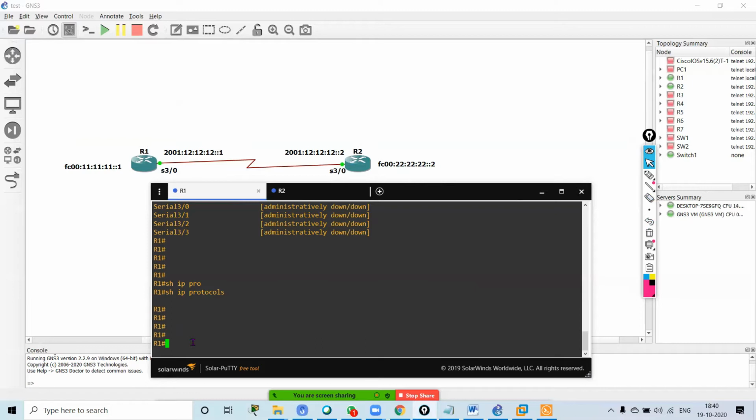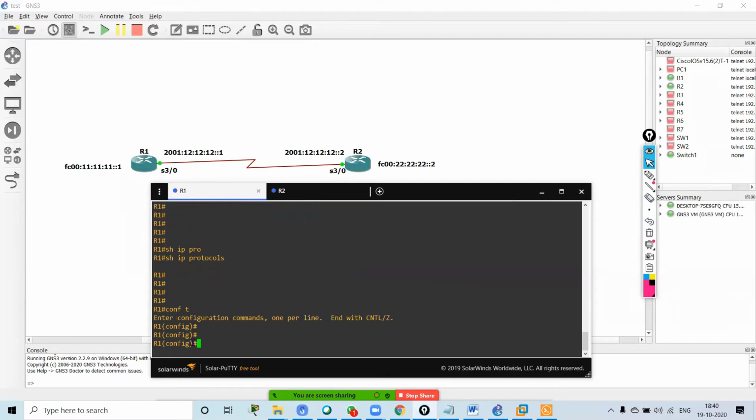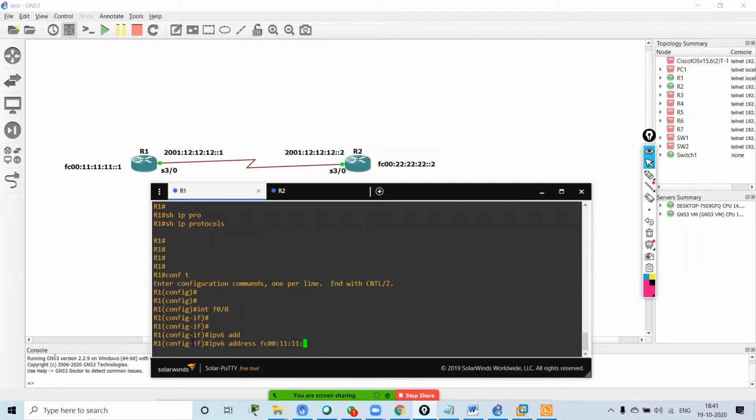Now I need to assign IP addresses. Okay, so the same thing you have to do. Go on the interface FastEthernet 0/0 for the LAN. The thing you change over here is IP version 6. Over here you have to write address, then the address FC00:11:11:11::1.